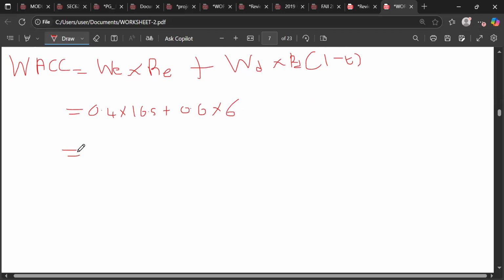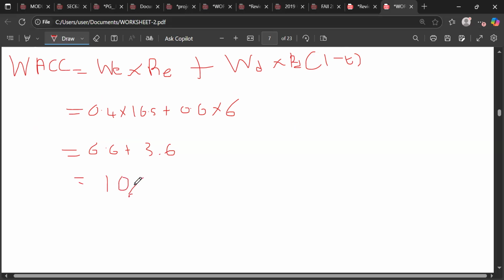Which will give us 0.4 by 16.5, we're getting 6.6 here, plus 0.6 by 6, we're getting 3.6 here, which would give us 10.2 as our weighted average cost of capital.